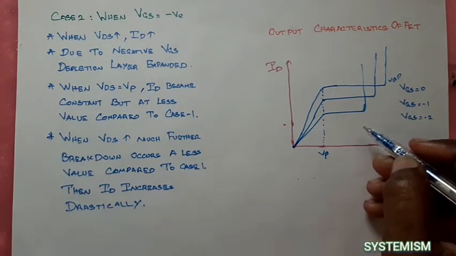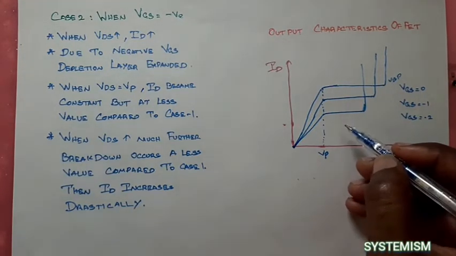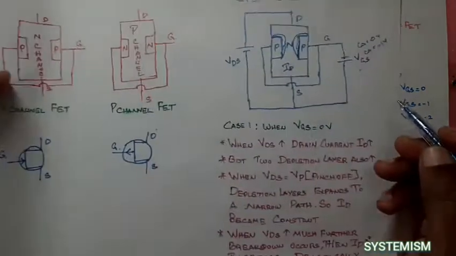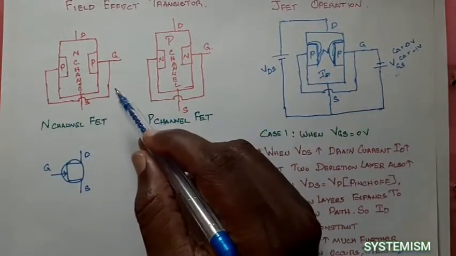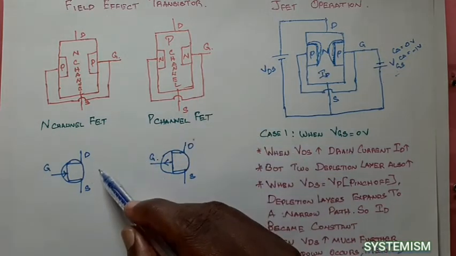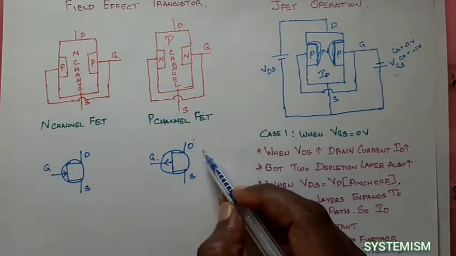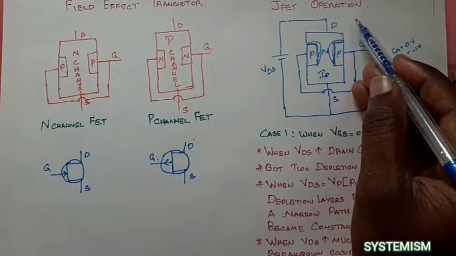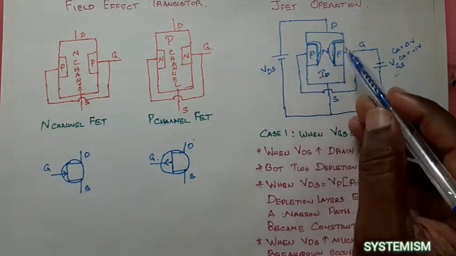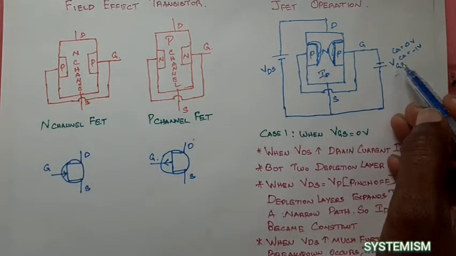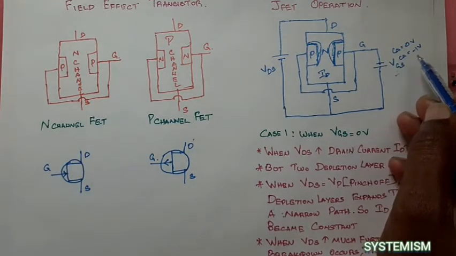I hope you understand the clear idea of the operation of the field effect transistor. What we have seen: the types of field effect transistor, N channel and P channel, and the circuit symbols. And the operation of the junction field effect transistor by means of cases: case 1, 0 volt for VGS, and case 2, minus 1 volt.